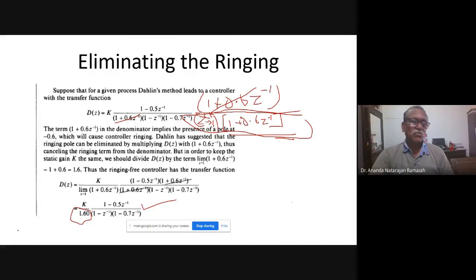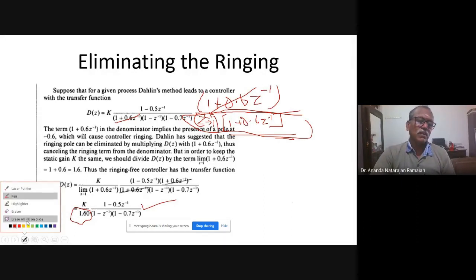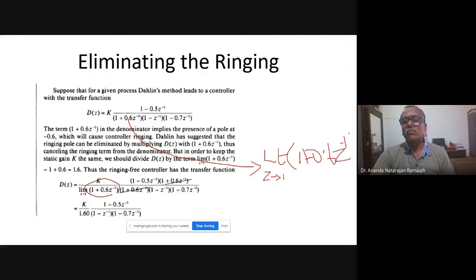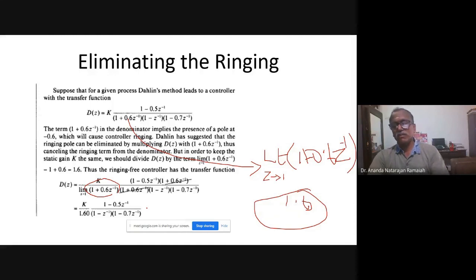How can it be removed? The ringing poles can be removed by replacing by the limiting case. So 1 plus 0.6 z power minus 1 can be replaced by the limit z tends to 1 of 1 plus 0.6 z power minus 1. If you substitute z equal to 1, you will get 1.6. So this term is replaced by 1.6, and the ringing effect is eliminated.